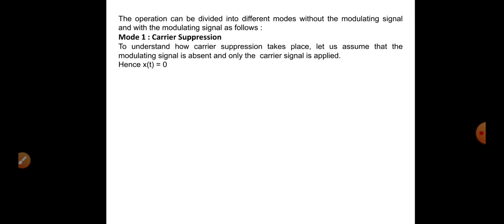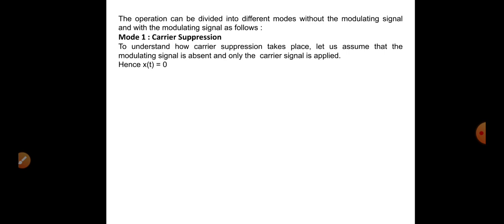For the working operation, we are considering two modes. In mode 1 there is no modulating signal or message signal, so we will see that the carrier is suppressed. In mode 2 the modulating signal is present. For mode 1, carrier suppression, we consider x(t) equal to 0 and apply the carrier only.